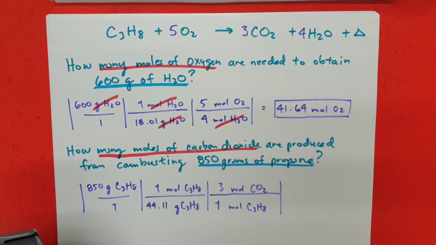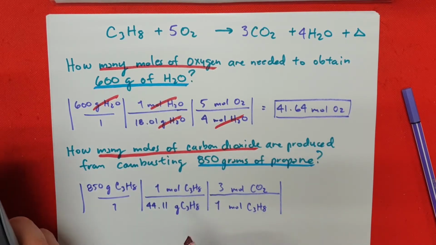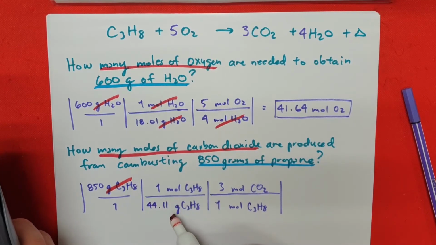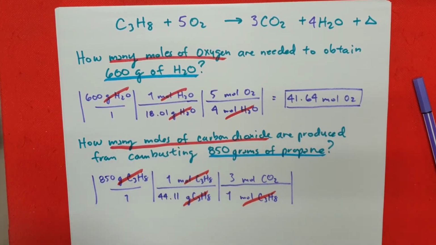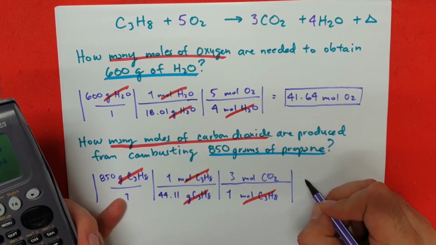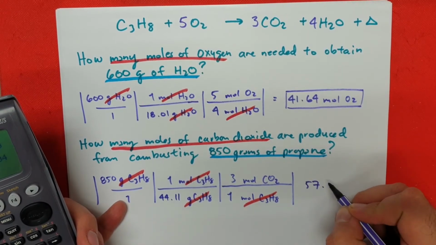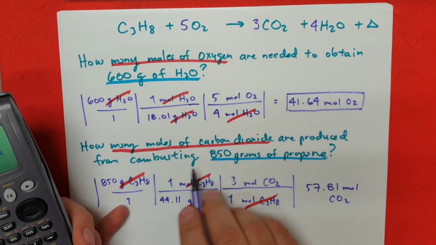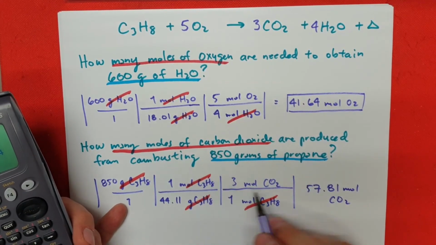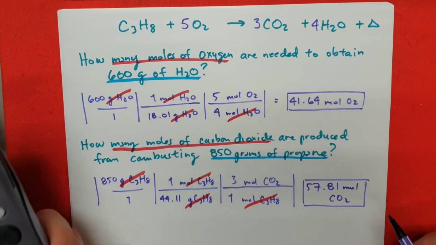So I say 850 times 3 divided by 44.11, because these ones we don't need to punch into the calculator. After everything cancels out, grams of propane, moles of propane, our surviving unit is moles of carbon dioxide, and my answer rounded to 2 decimals is 57.81 moles of CO2 produced from combusting 850 grams of propane.